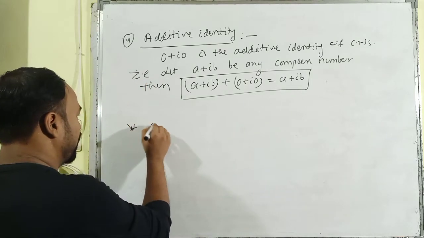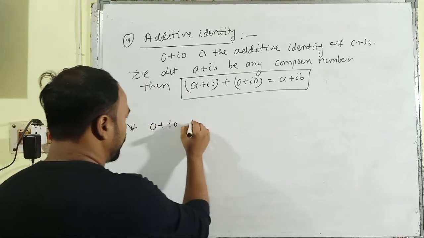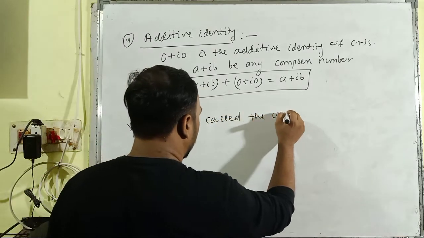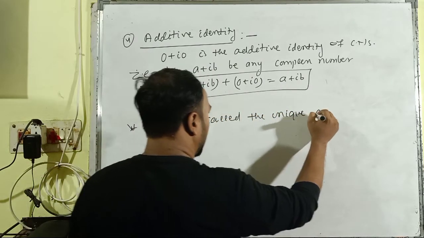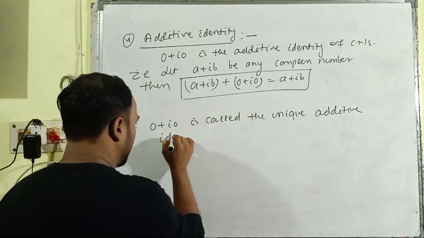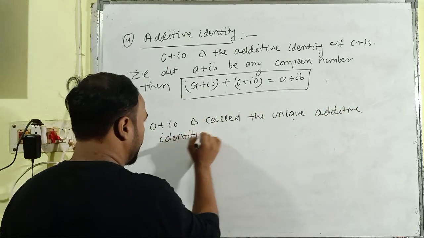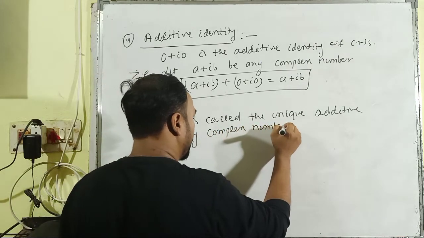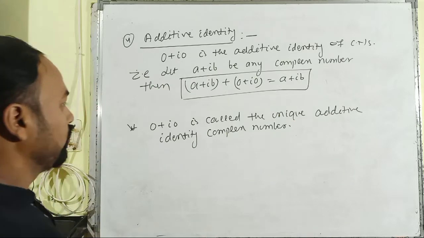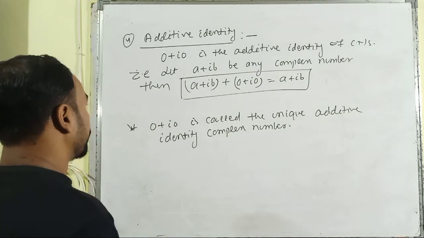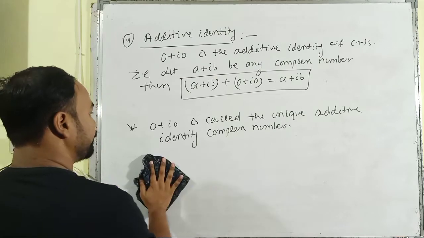You can write here, 0 plus I0 is called the unique additive identity complex number. So that is all about the additive identity. Then moving towards the additive inverse.